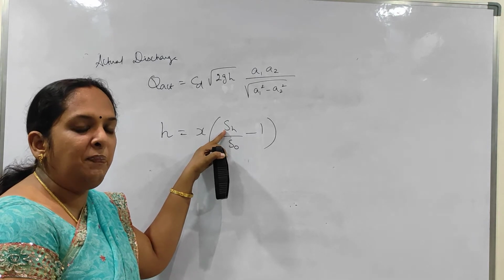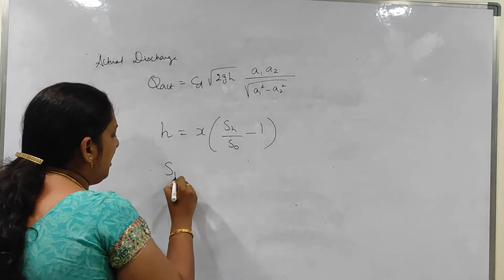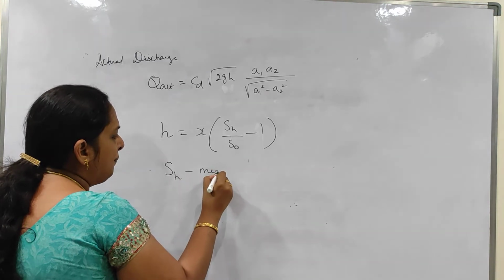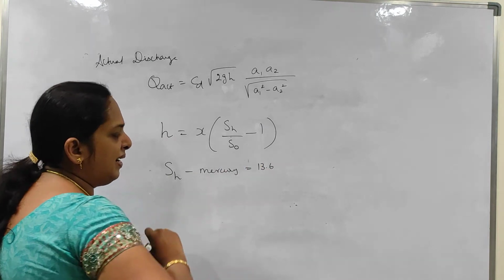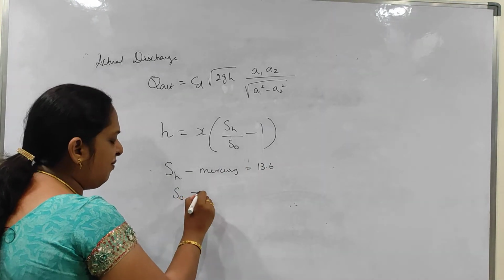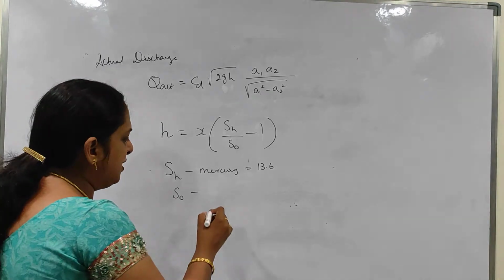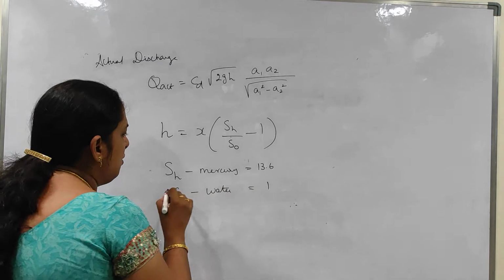In this problem, they have given very clearly that the heavier liquid is mercury, so the specific gravity is 13.6. And the liquid flowing in the pipe is water, so the specific gravity is 1.